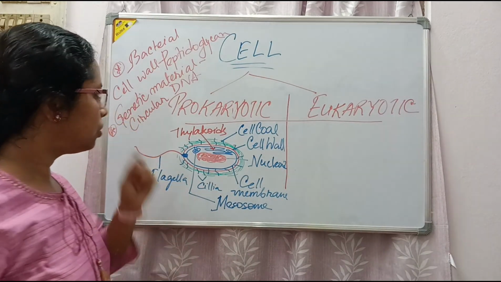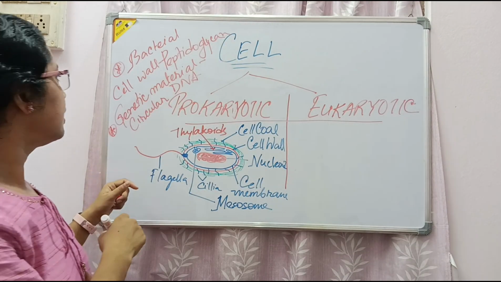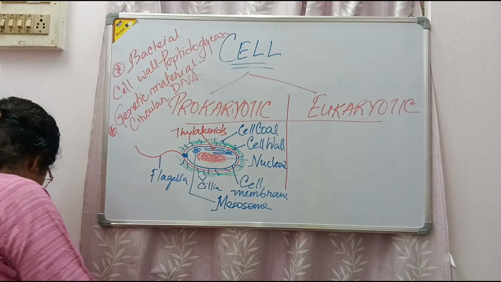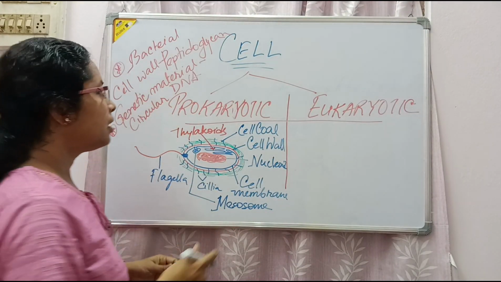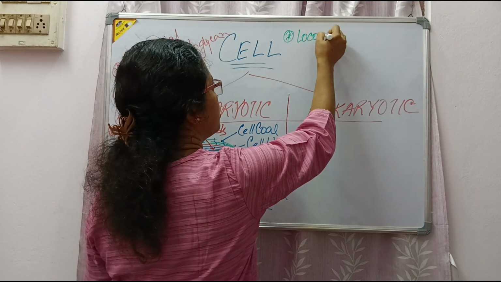Okay, so this is the second thing. I hope everyone can see. So there are some other points. So what else is for us to find from this? Yes, locomotion.